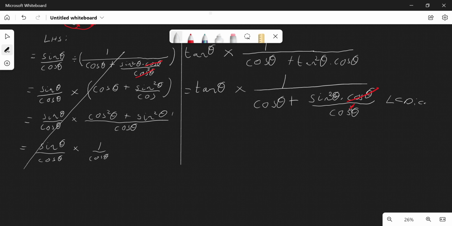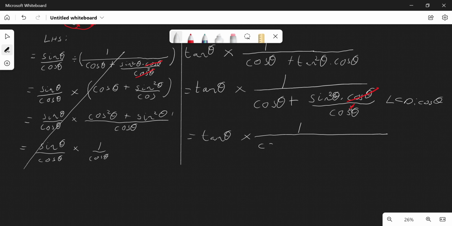is cos theta, right? So I'm going to keep that tan intact, times 1 over. So if our LCD is cos theta, that one is going to multiply with the cos.